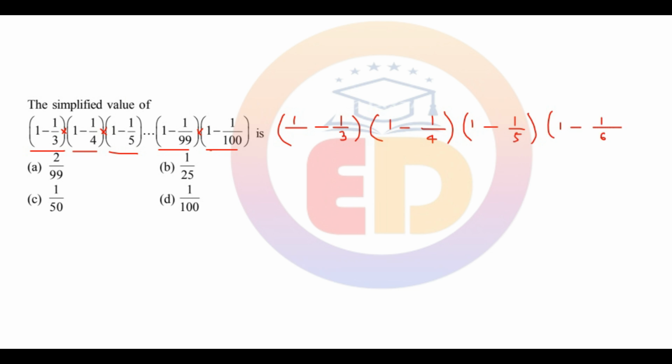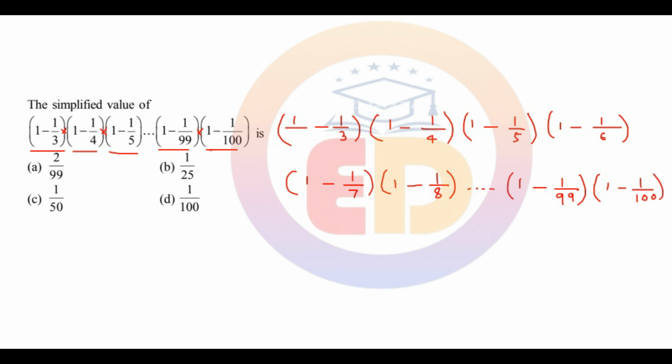Like this we have to move ahead. Then again bracket 1 minus 1 upon 7. Then again bracket 1 minus 1 upon 8. Like this we will continue till 1 minus 1 upon 99. And finally 1 minus 1 upon 100.